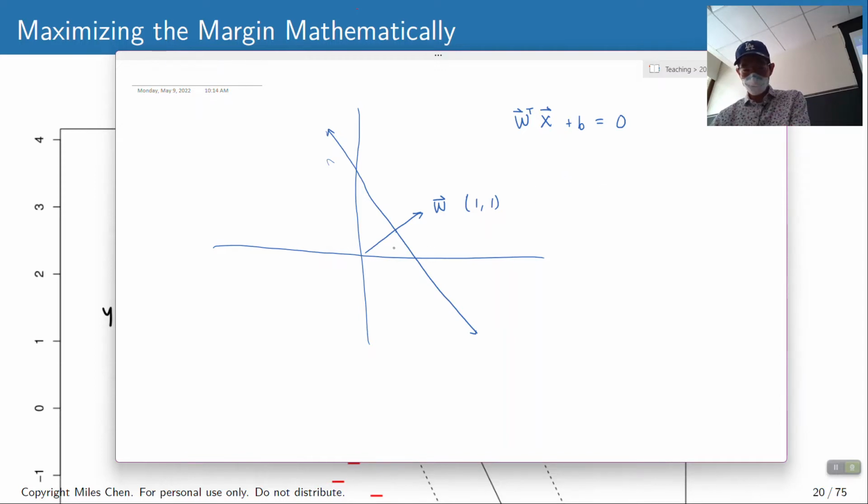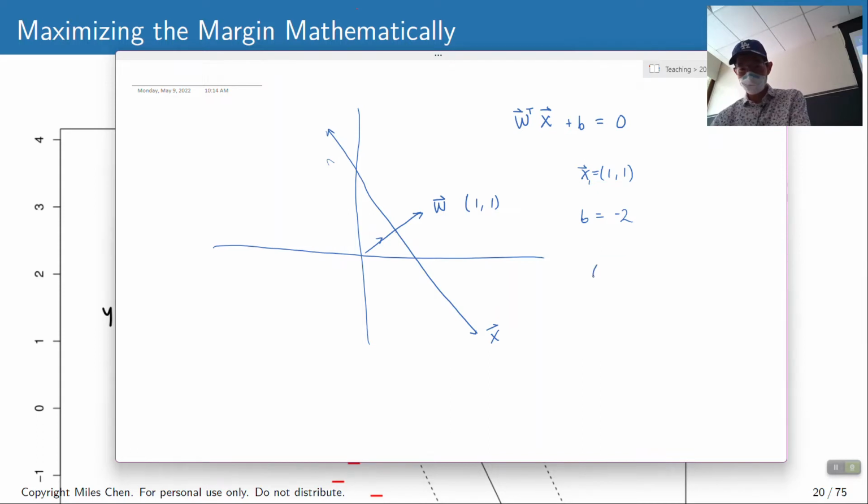If W is 1, 1, we'll do X is 1, 1 also, this point right here. So W transpose X will be 2, and we'll say B is equal to -2. All right, so what's the set of points X that are going to define this hyperplane?